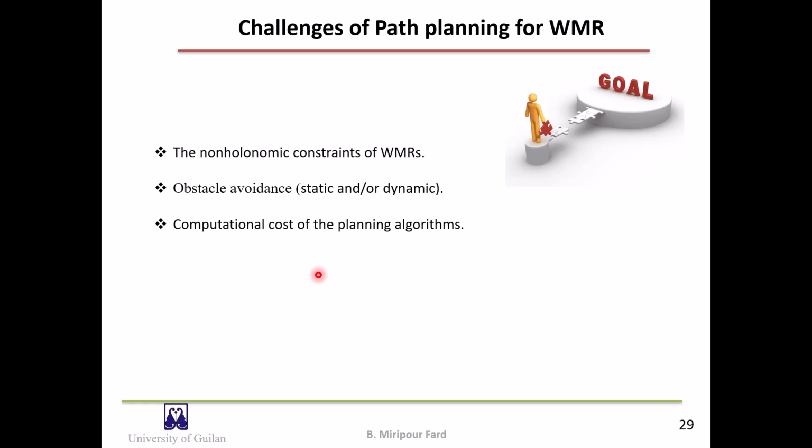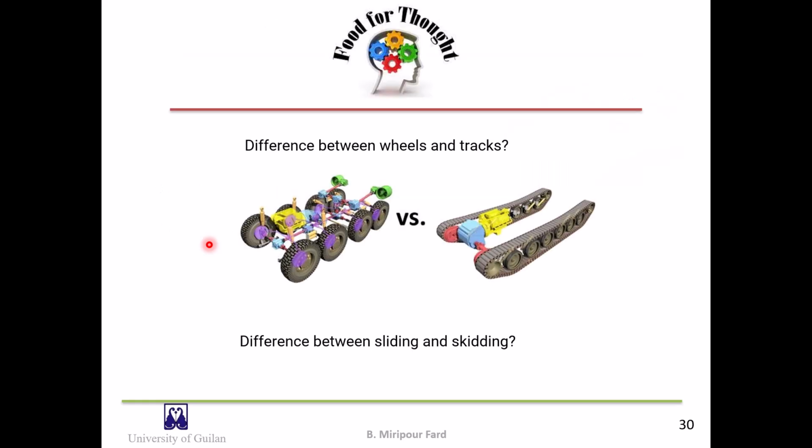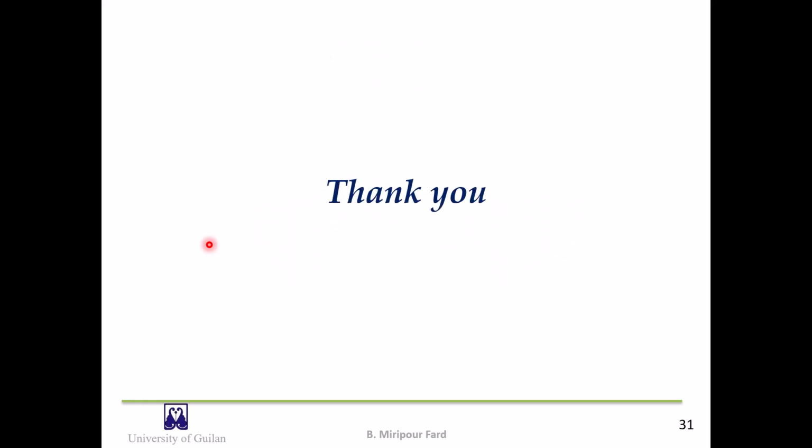Path planning algorithms are computationally expensive, and this is one of the important challenges of path planning for wheeled mobile robots. Please think about this slide. Maybe we will discuss it in our next meeting.